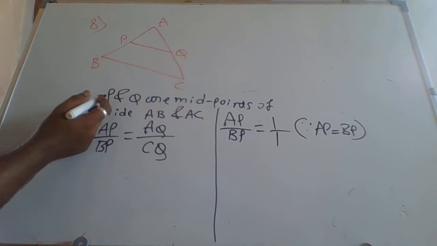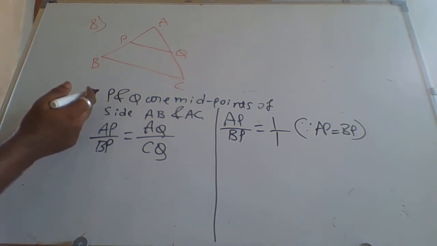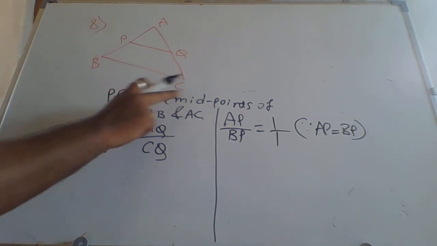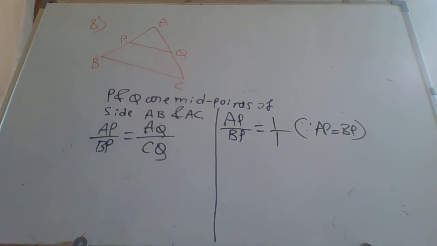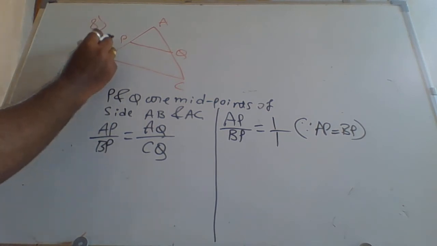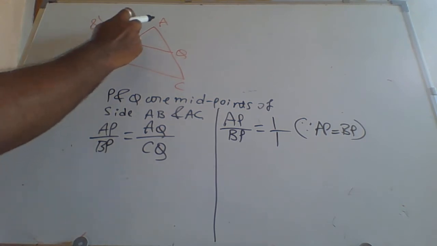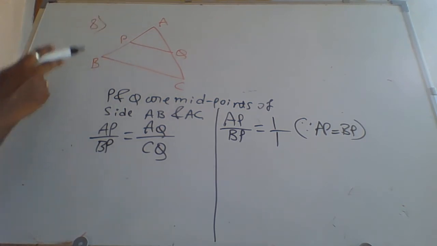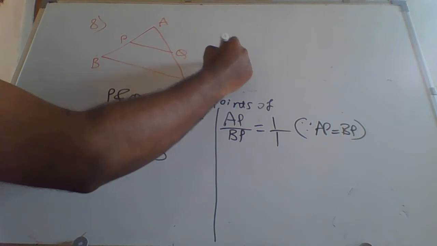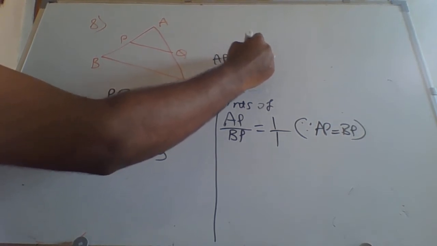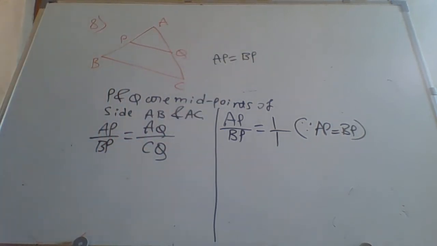How? In the question only they have given this P is midpoint of side AB. Therefore, we can consider AP is equal to BP. Why? This P is midpoint of side AB.